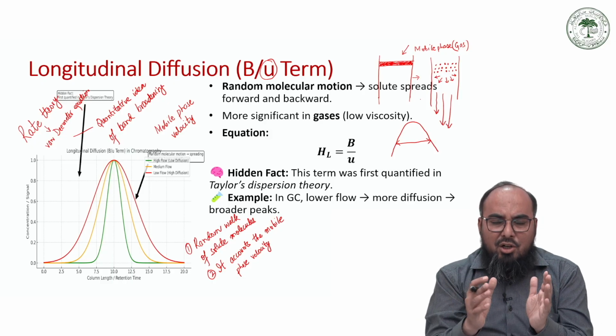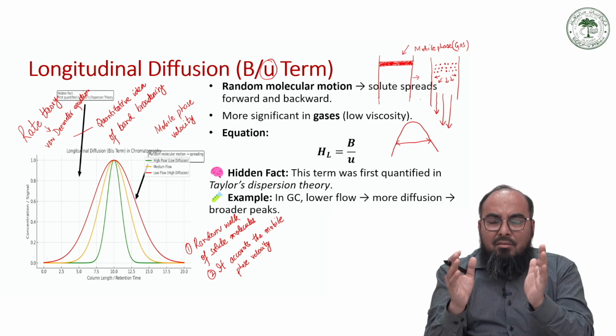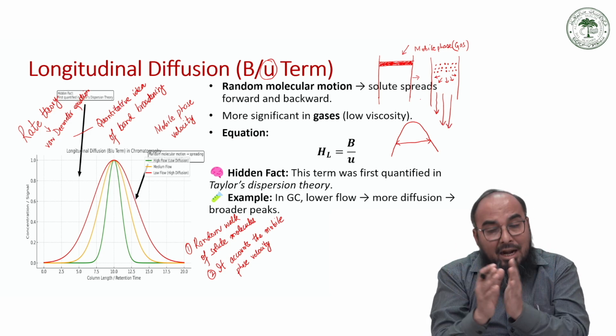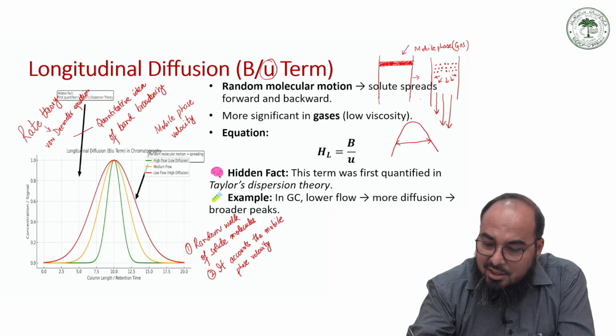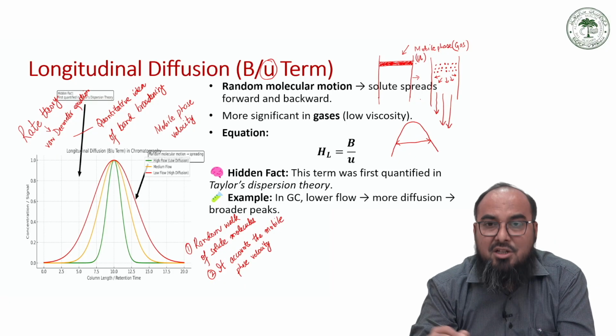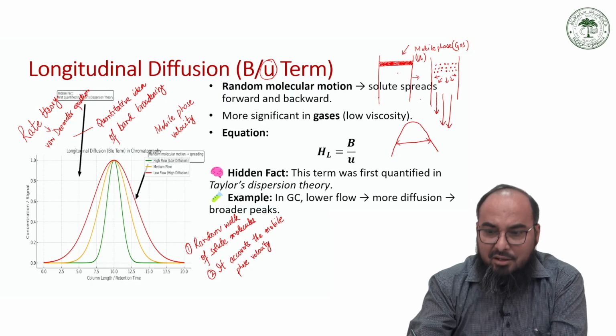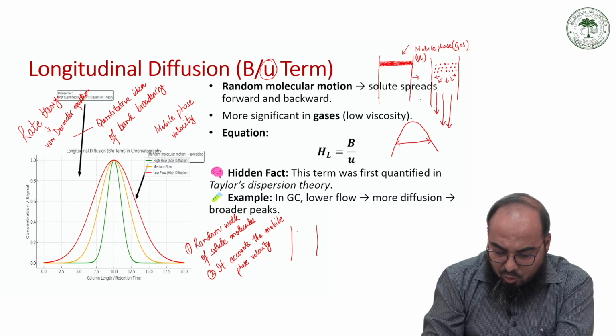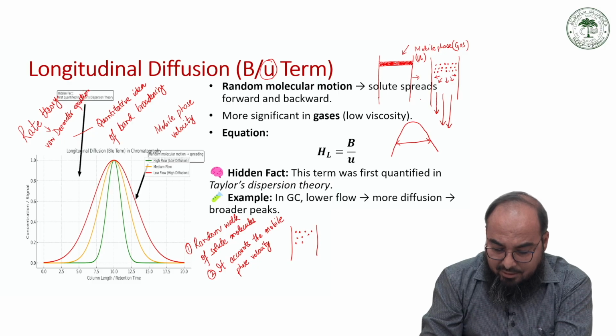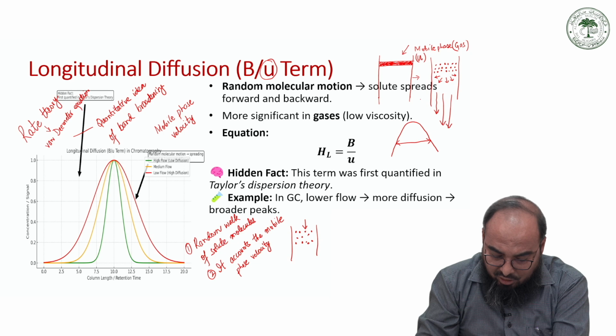Okay, so what you have to do, you have to restrict the band broadening, you have to restrict the band widening, and this can be restricted by increasing the mobile phase velocity, because the moment you increase it, for example, if you increase the mobile phase velocity, then these particles will be directed more towards the bottom of the column, that is towards the bottom, which is connected to the detector.